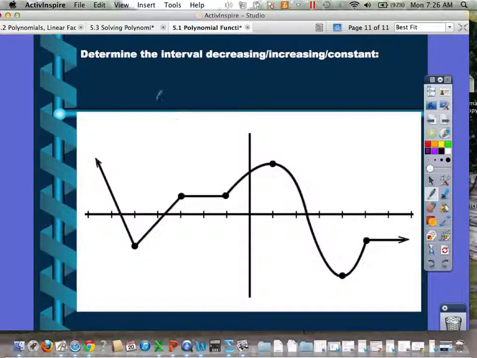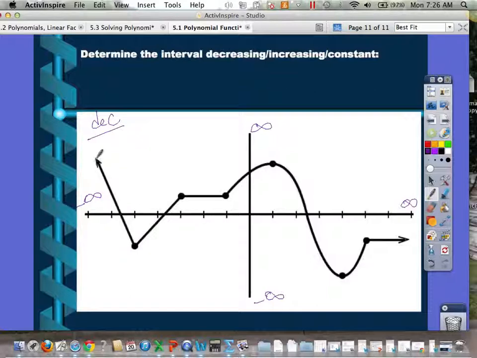All right, so we want to determine the increasing, decreasing, and the constants of this particular graph. It's got all sorts of stuff going on in here. Now, if we needed to, we would put negative infinity, positive infinity, positive infinity, negative infinity on our graph. We're going to talk about the decreasing ones first.